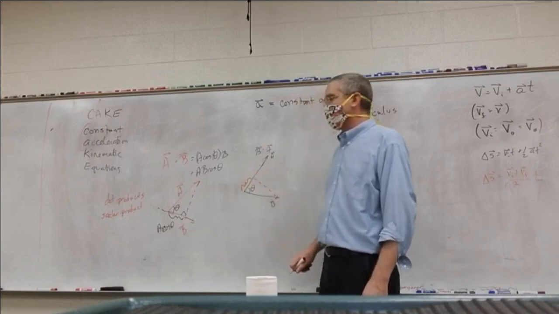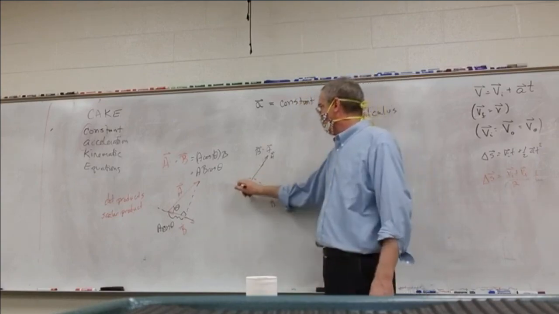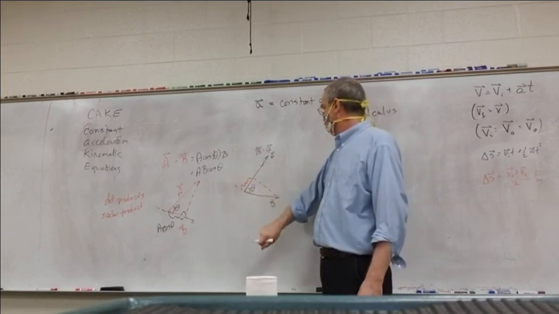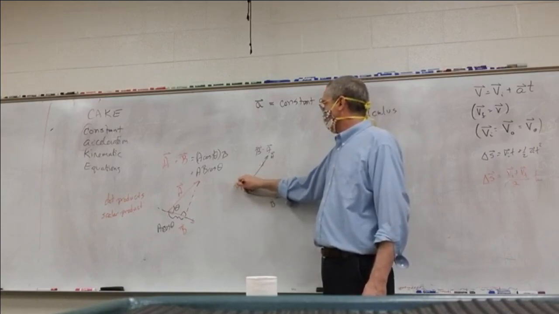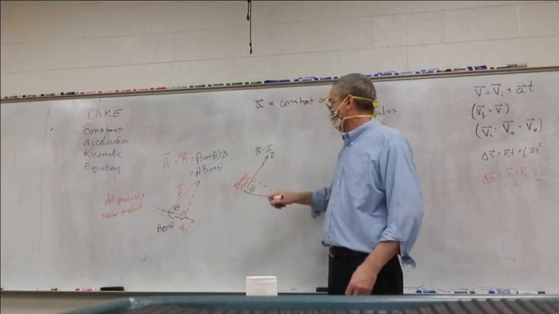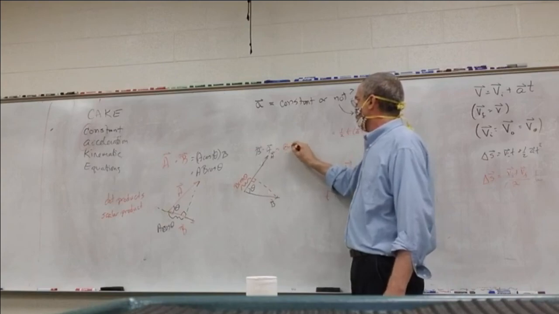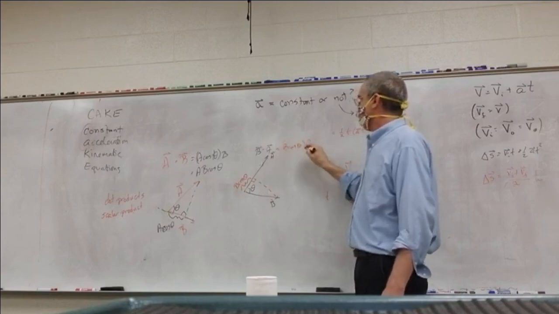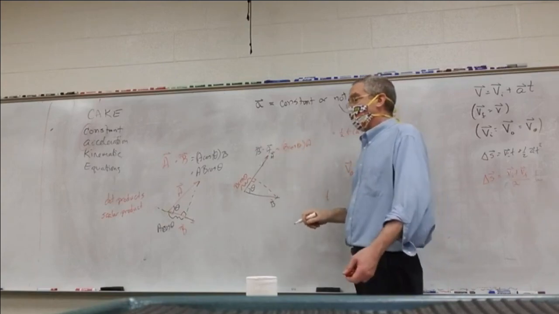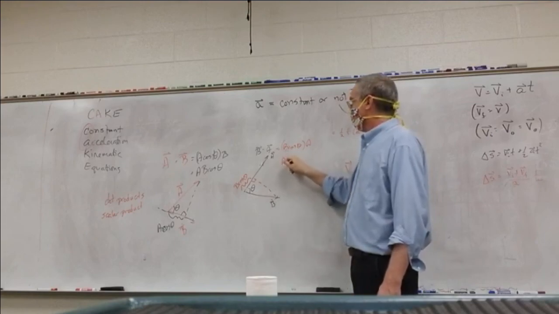This piece right here is the part of B that's in the same direction as A, and this is B times the cosine of theta. That's my right angle right there. And so the dot product here is B cosine theta times A, or, given the commutative property of multiplication, AB cosine theta.